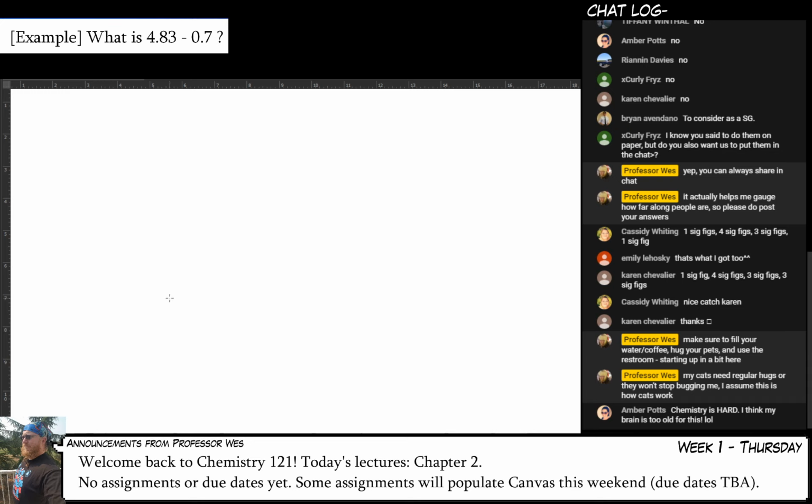All right, let me get my pen. All right, so we're going to write this problem vertically. And whether it's addition or subtraction, it works out the same way. You just set it up vertically and solve. All right, there's our numbers.